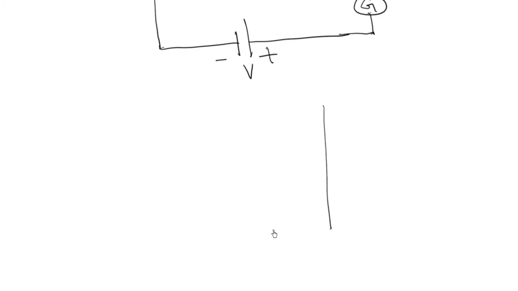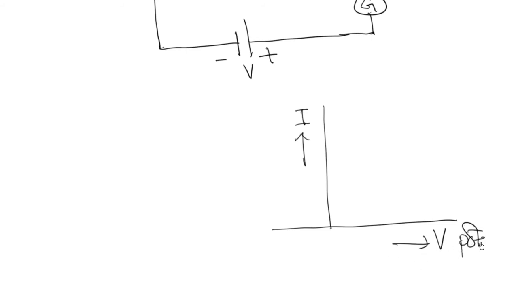If we plot along the x direction the applied voltage, that means the applied potential, and along this direction the photocurrent. Then we shall see that the behavior of the photocurrent will be like this.